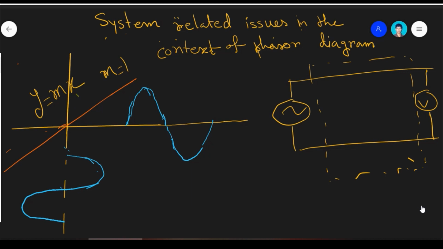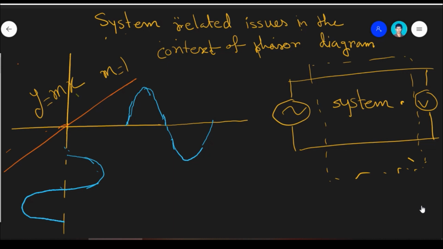Suppose these two wires are kept inside a black box and we consider them as a system. Fine.